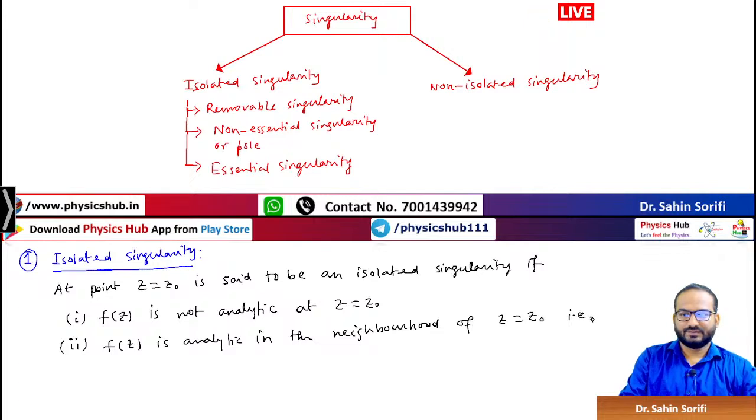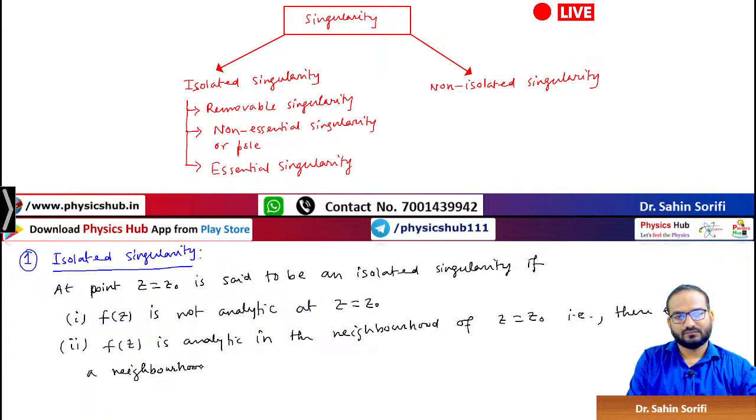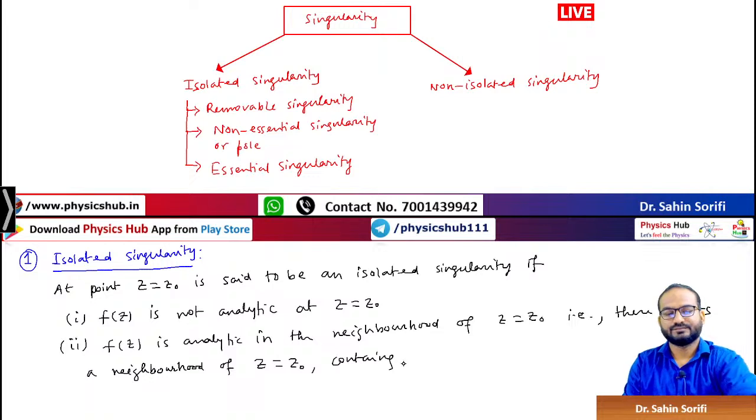That is, there exists a neighborhood of z equals z0 containing no other singularity.